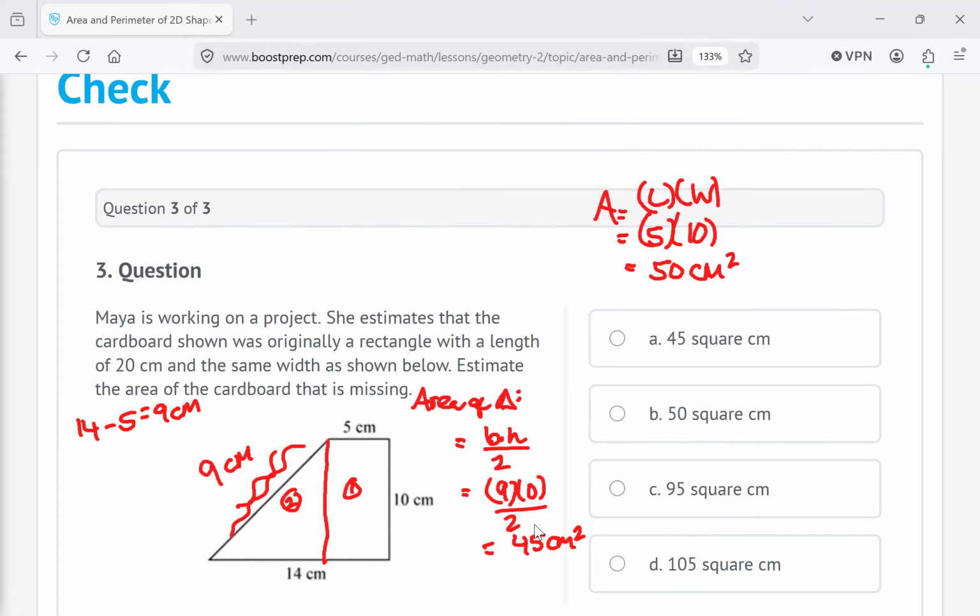So the total area would be the rectangle, which is 50, and then the other side is 45, and that is 95.